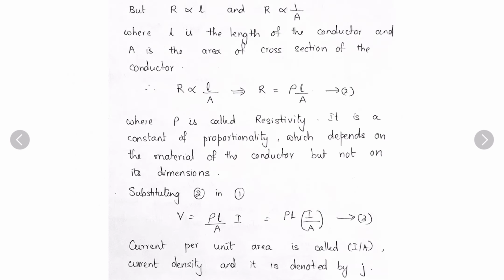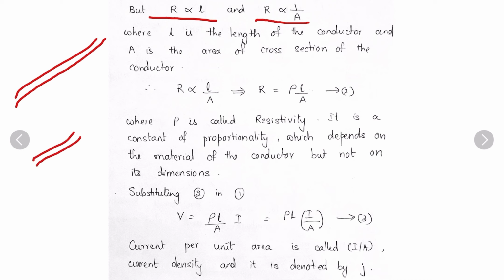Let's continue further. For resistance, 2 points are there. Resistance is directly proportional to the length of the wire and inversely proportional to the cross sectional area of the conductor. Take the water example: you have two pipes, one long and one short, and water will reach very fast from the short pipe because the length is small.